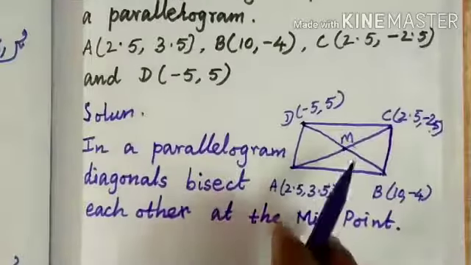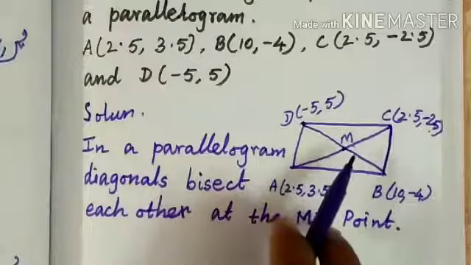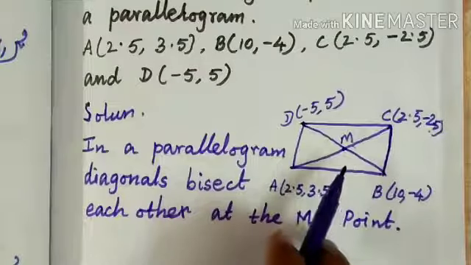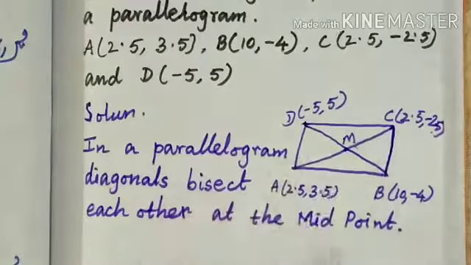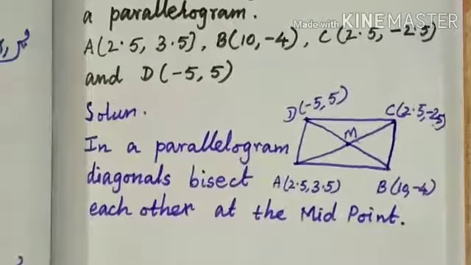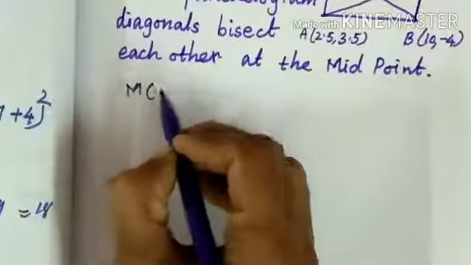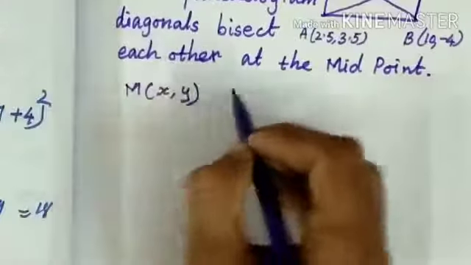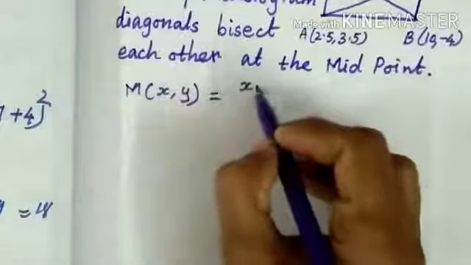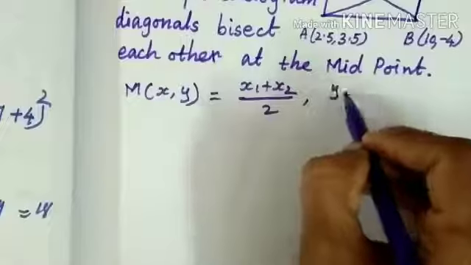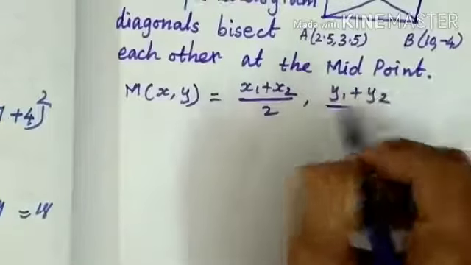So, by using the midpoint formula, we have to check whether these points form a parallelogram or not. First, take down and write the midpoint formula, that is M(x, y) is equal to ((x1 plus x2) by 2, (y1 plus y2) by 2).